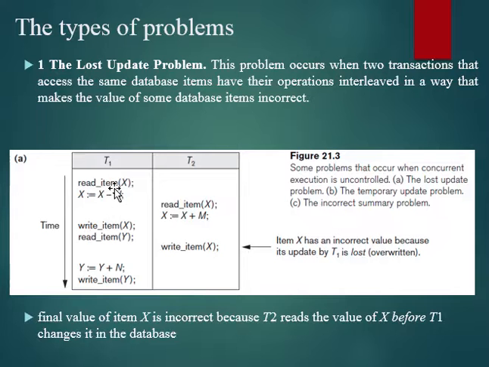Then the DBMS switches the execution to T2: read item X, then X equal to X plus m. Both commands of T2 are executed before the third command of T1. Then the DBMS switches back from T2 to T1 and executes write item of X and read item of Y, then switches back to T2 and executes write item of X, then switches back to execute T1: Y equal to Y plus n, write item Y.